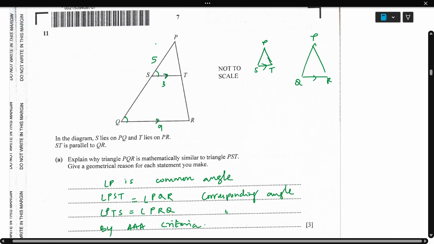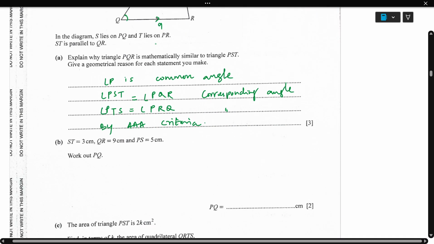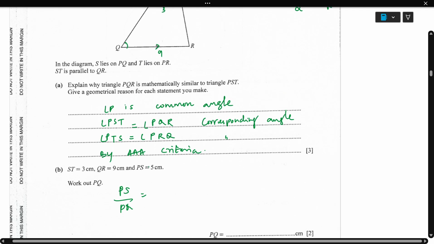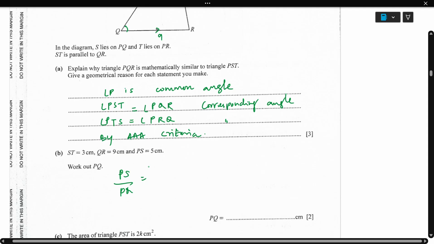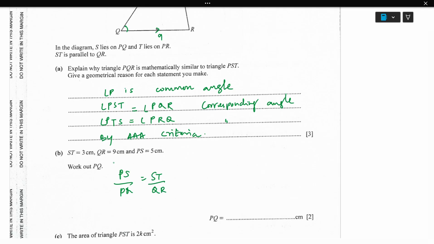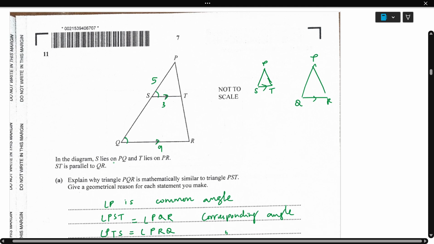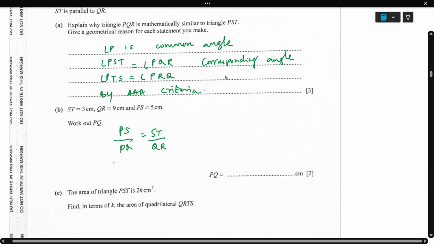Because the two triangles are similar, we can take PS over PQ equal to, for the other sides, ST over QR.